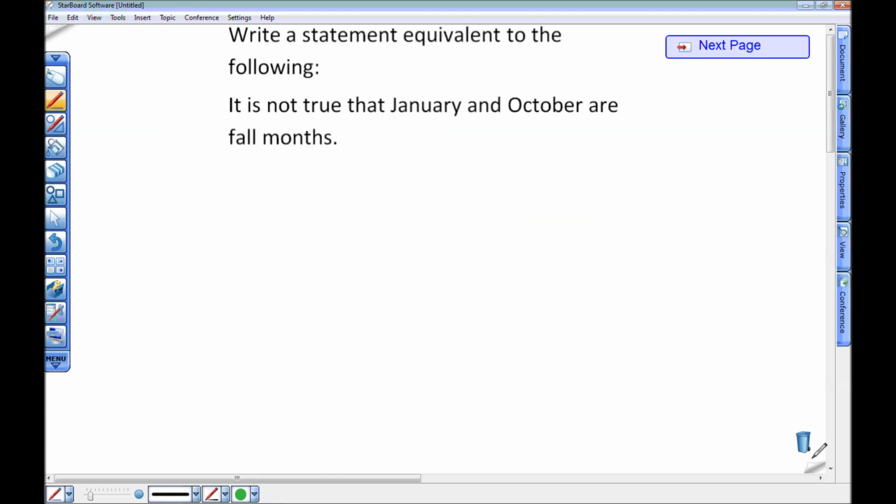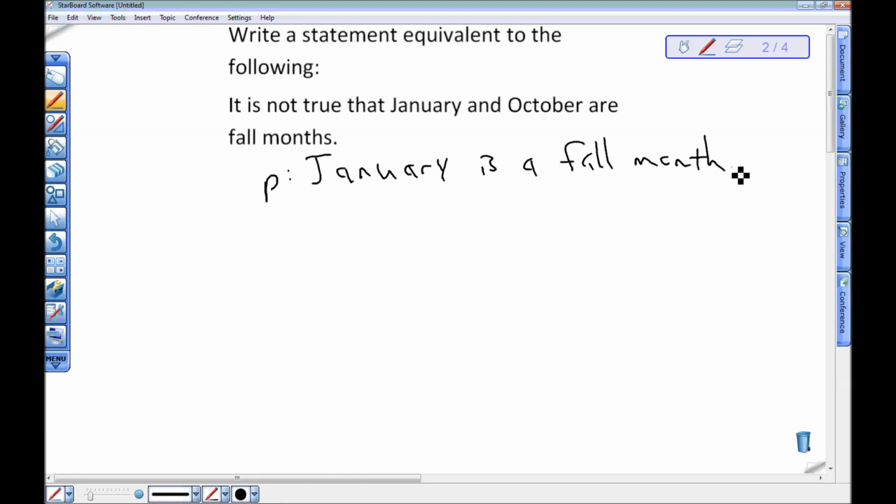So I want to write a statement that's equivalent to it is not true that January and October are fall months. To do that, I'm going to symbolize this statement. Let P be the statement January is a fall month. Let Q be the statement October is a fall month.